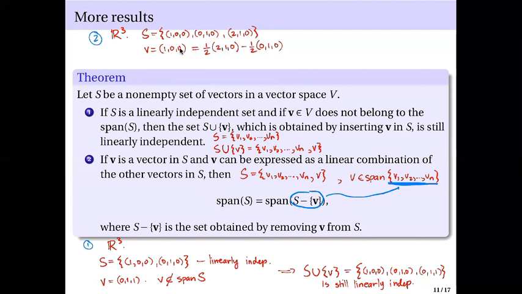So we have a set S, we have a V in S, and V can be written as a linear combination of the other two vectors.